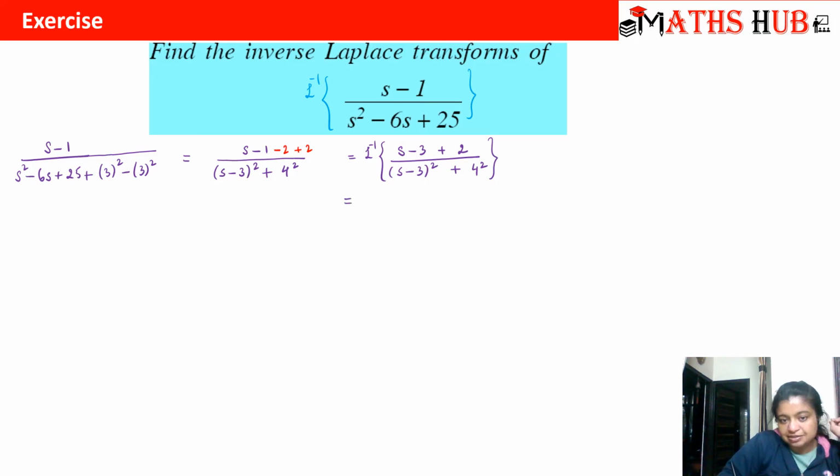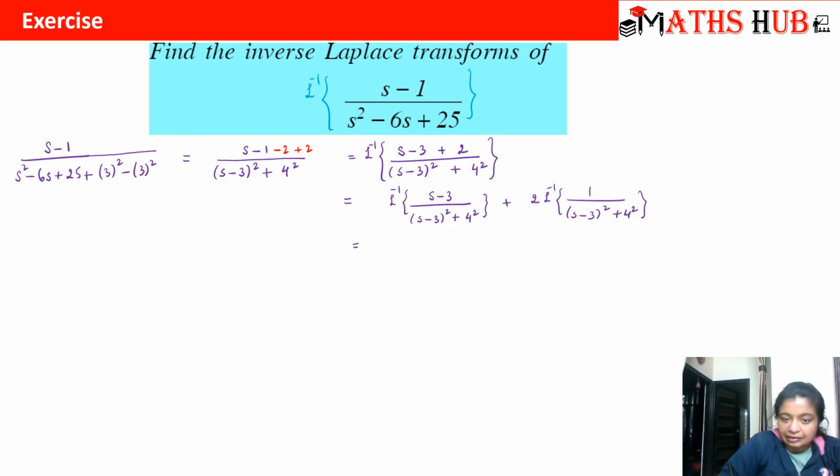I can split this. So this is Laplace inverse of s minus 3 upon s minus 3 square plus 4 square plus 2 times Laplace inverse of 1 by s minus 3 square plus 4 square, right?